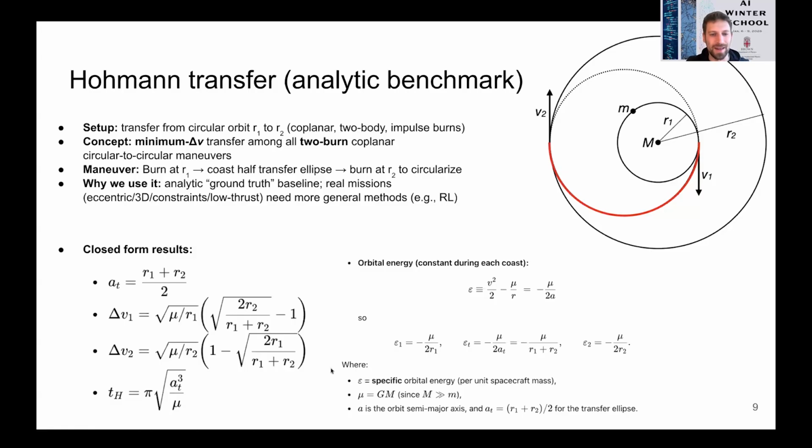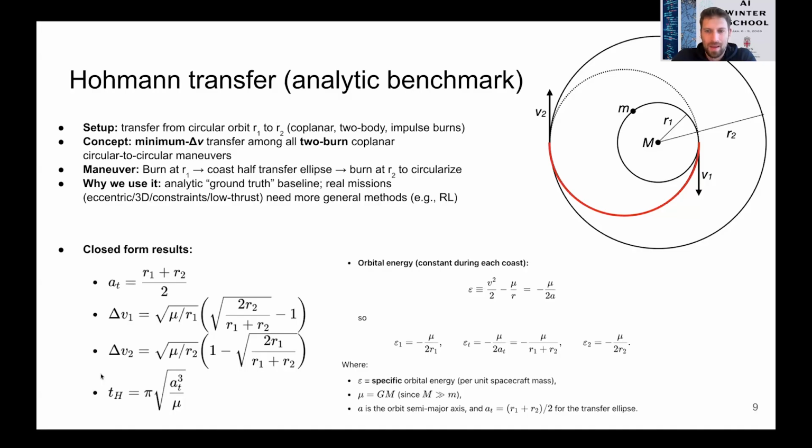The takeaway here is that it's purely a function of the mu mass term as well as the initial and final radii R1 and R2. So this is where you can see it's analytically solved: burn one initially at R1 with delta V1, burn at R2 with delta V2, and then you get on the right orbit.